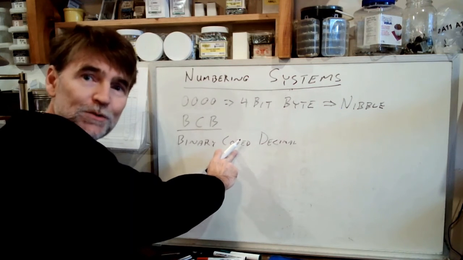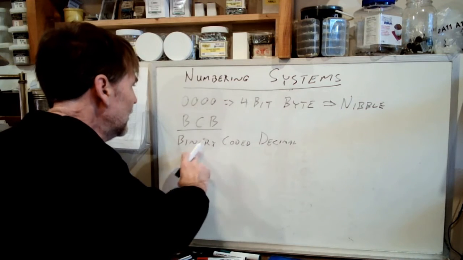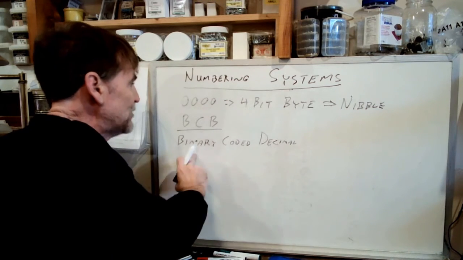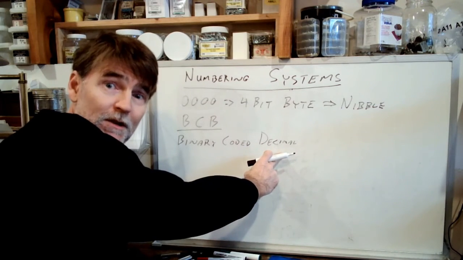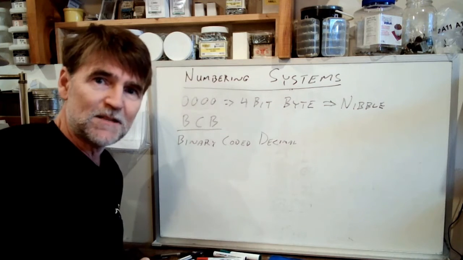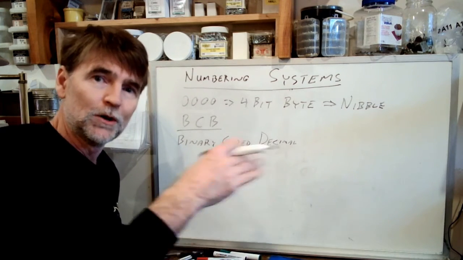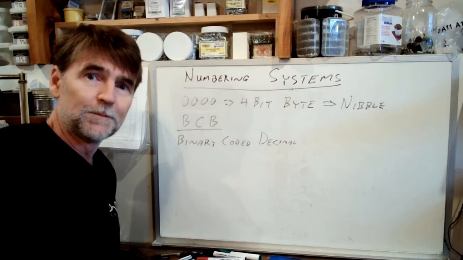We must count using ones and zeros. That's how the computer has to function. But while counting using ones and zeros, we are going to count using the rules of the decimal system. And what are the rules of the decimal system? Start at 0, go to 9, and then you increment the column to the left and start over.